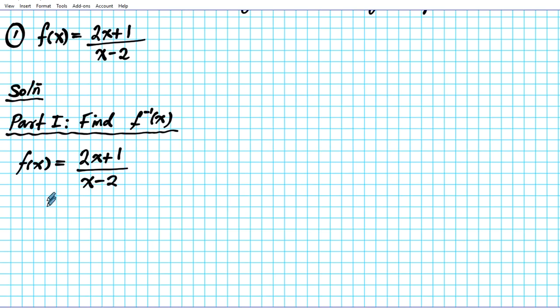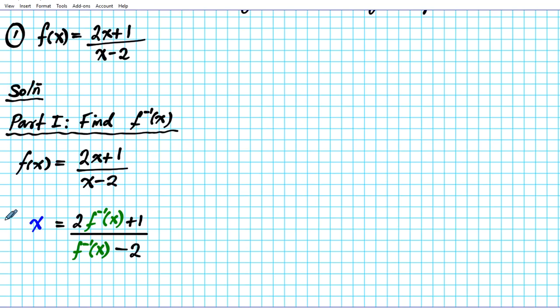So f of x becomes x, equals 2 times f inverse of x plus 1, divided by f inverse of x minus 2. Okay, so we've carried out the switch step.